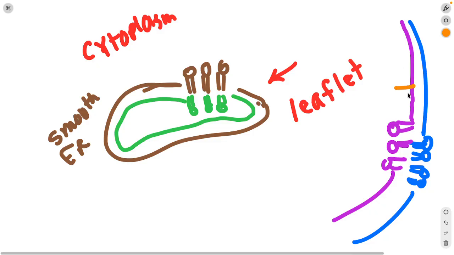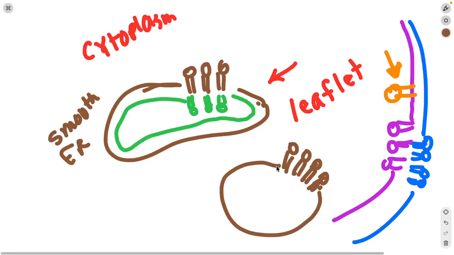And we know there's some important phospholipids that need to be in the inner membrane, like that, right? And so when these get made, they're going to pinch off, and then they will move into a vesicle.